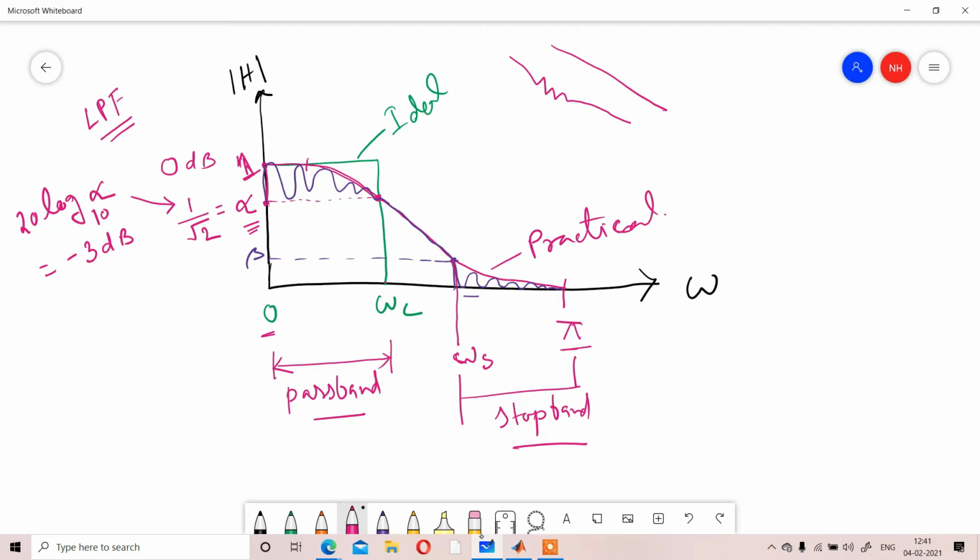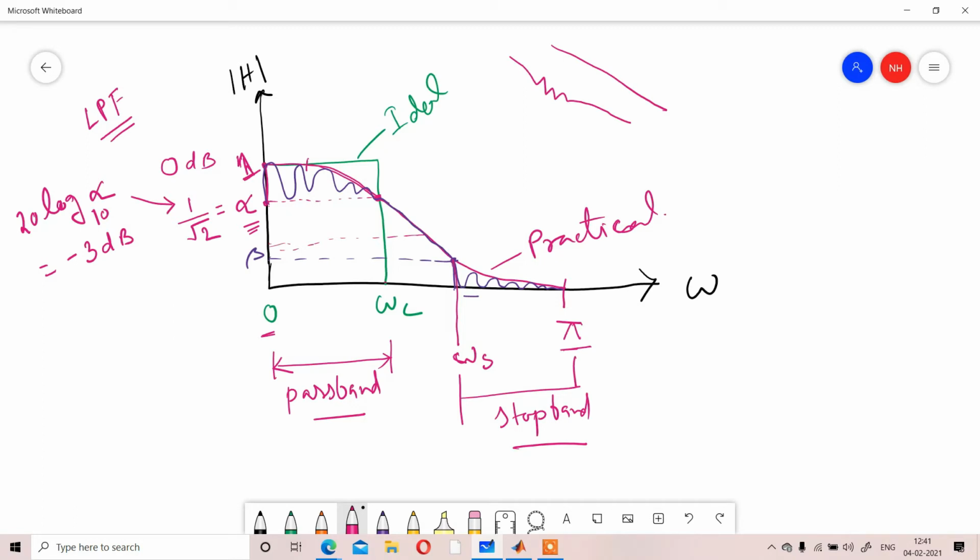That means the pass band, the 0 to omega c range, is fixed. You cannot do anything between 0 and omega c. What you can do is control the stop band. You can choose a value of beta like that, and up to that you can allow.